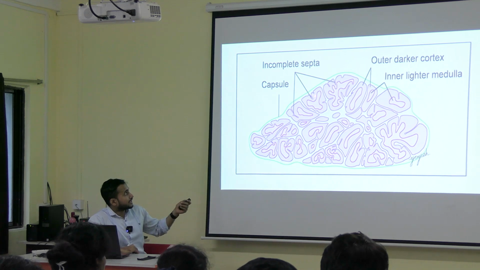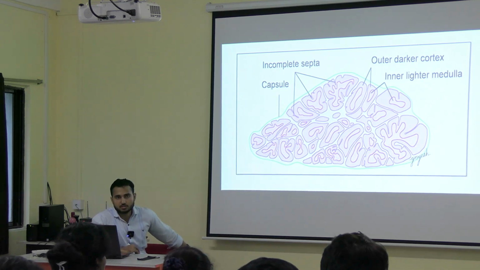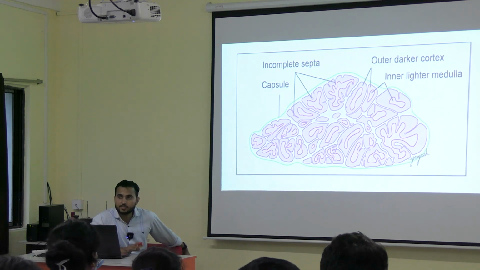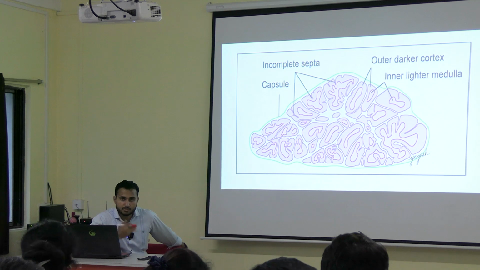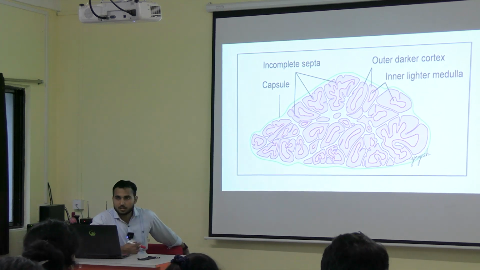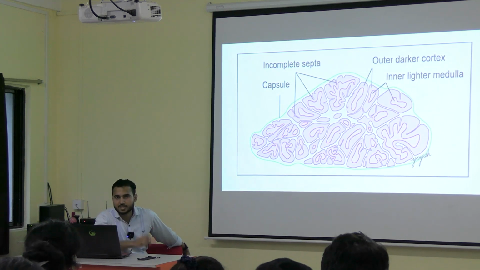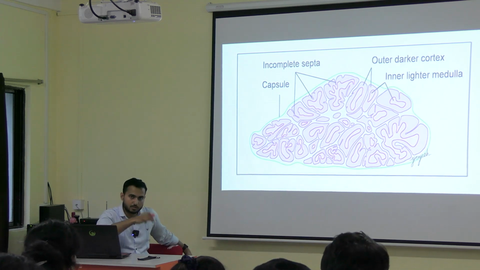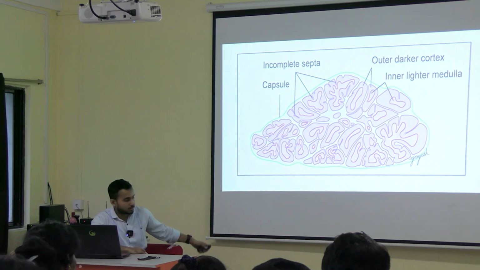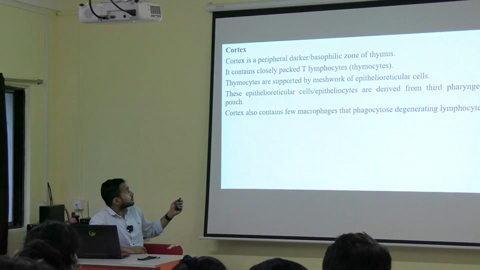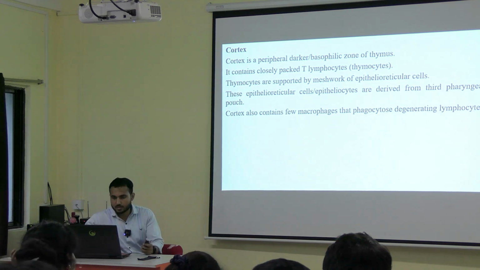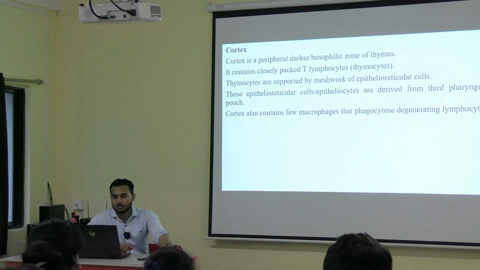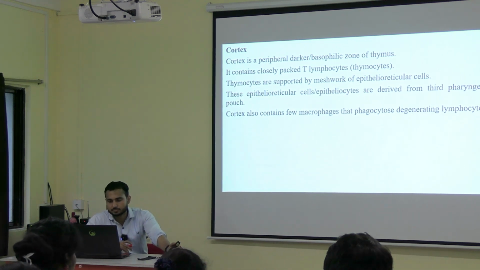So what is present in the cortex? The cortex is darkly stained, and a high concentration of T lymphocytes is present. If you see the medulla, the concentration of T lymphocytes is very low. That's why it is lightly stained. And one medulla and another medulla will be continuous with each other. In the cortex, it is darker and basophilic, containing closely packed T lymphocytes.